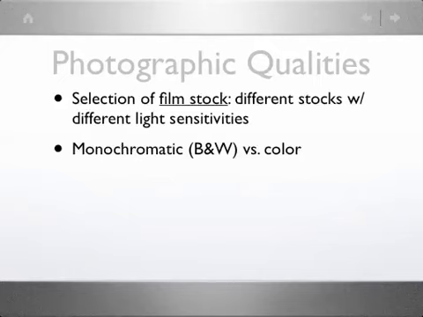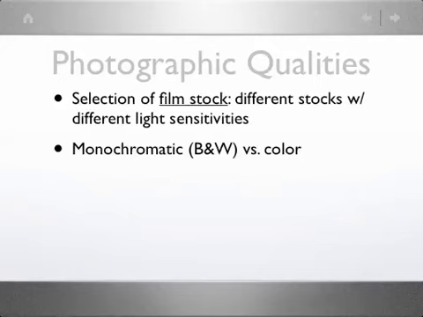Of course, nowadays, a great many films and other moving image programs are recorded and shot on digital media, which could be a form of tape, like digital videotape, or right onto a computer hard drive. And that sort of recording medium that the images are being recorded onto has its own photographic qualities.